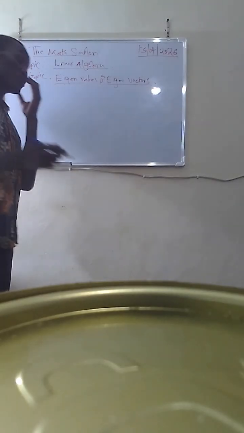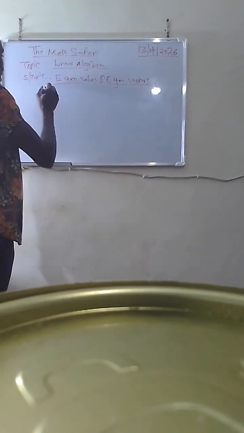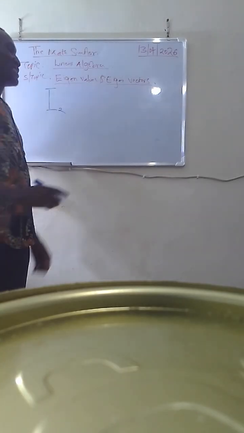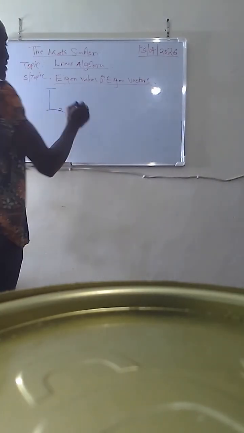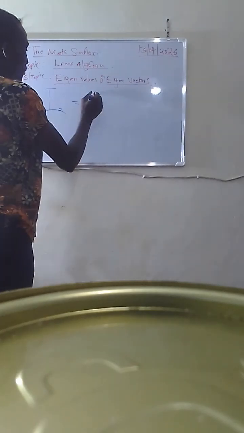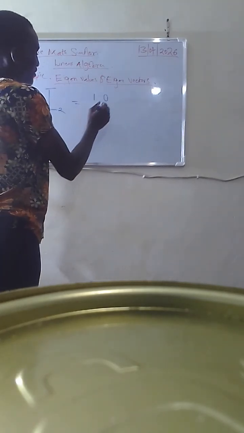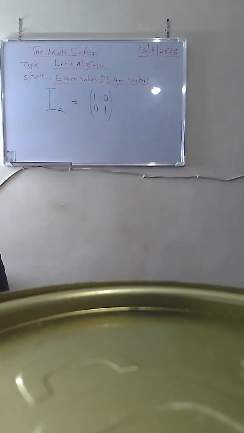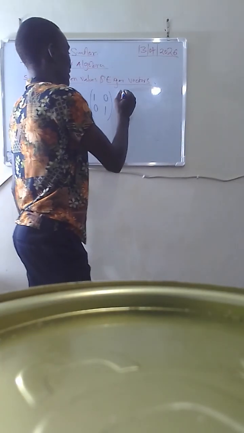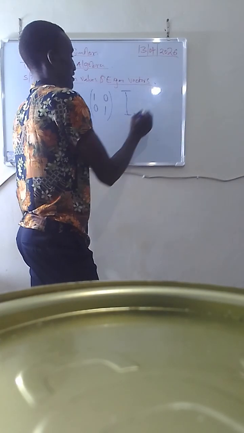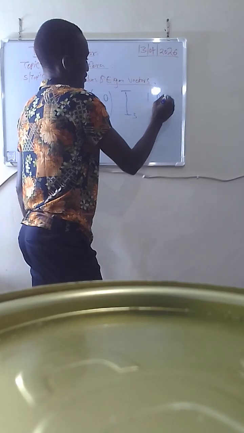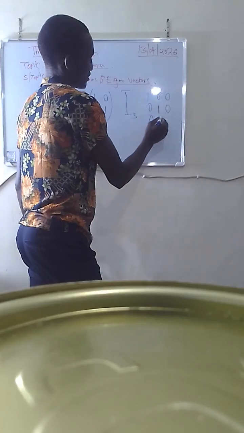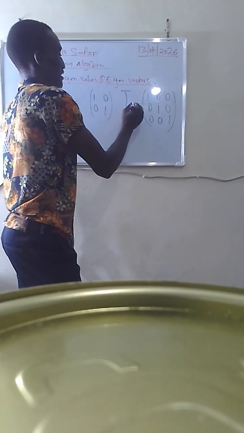For example, a 2 by 2 identity matrix is denoted as I2, I for identity, 2 for the size, which is equal to 1, 0, 0, 1. I3 for a 3 by 3 matrix is 1, 0, 0, 0, 1, 0, 0, 0, 1. This is the identity matrix for a 3 by 3 matrix.